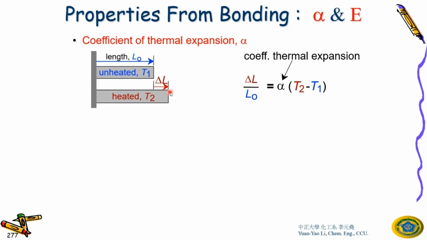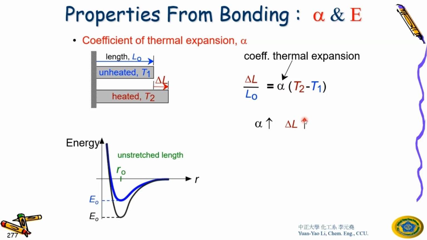This one will get longer at the same temperature, right? If you increase the delta T, and the coefficient of thermal expansion is high, of course you get a longer length in one direction. This one increases and delta L increases.